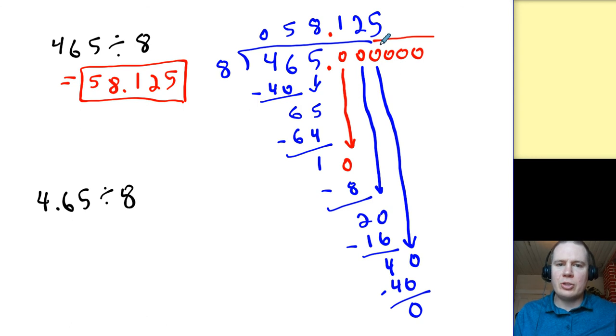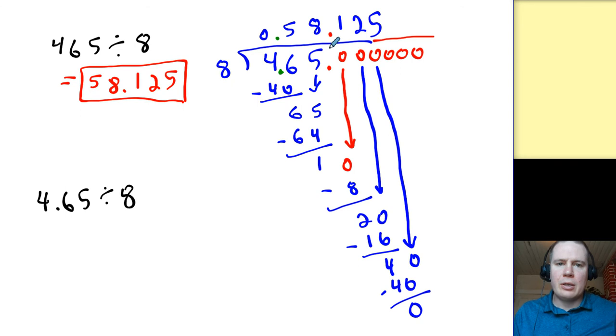The long division is exactly the same, but instead of the decimal point starting after the 5, the decimal point is starting after the 4. So we didn't have to add 0.0000. The point was already there.